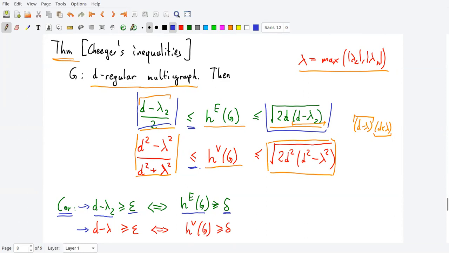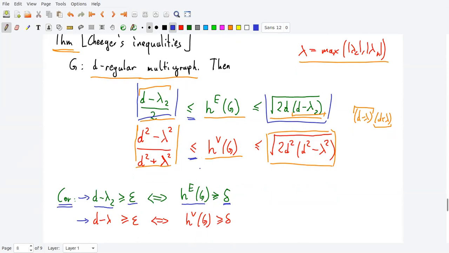And if you are constructing a graph through some algebraic procedures or constructions, it is very often easier to control the spectral gap than to control some combinatorial properties about the number of edges sticking out from any possible subset of vertices. So what we will be using later on is that we will be constructing graphs through some algebraic constructions and then reason about their combinatorial expansion properties through the Cheeger's inequalities.